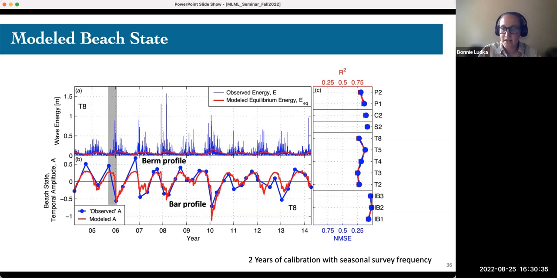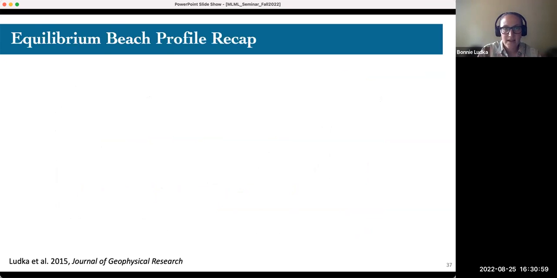And I will say that we tested how much calibration the model needed in order to have a skill like this. It needed about 2 years of calibration with the seasonal survey frequency that we had. This is published in JGR and was part of my graduate work. So if you're curious, feel free to check that out.